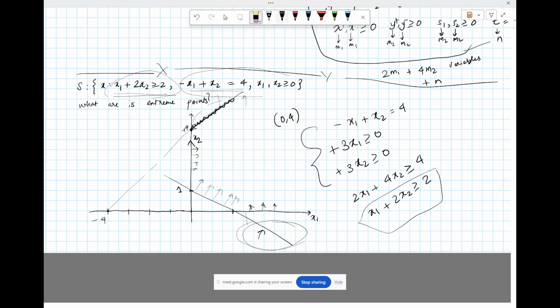Okay. So if I had drawn something like here, let's say x1 greater than or equal to 2, that will be a line here, right? This you can't get by a linear combination of the others.